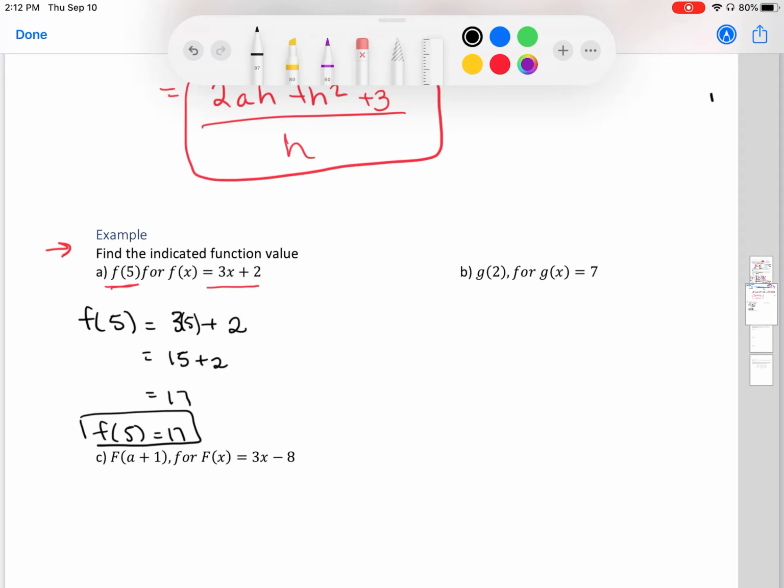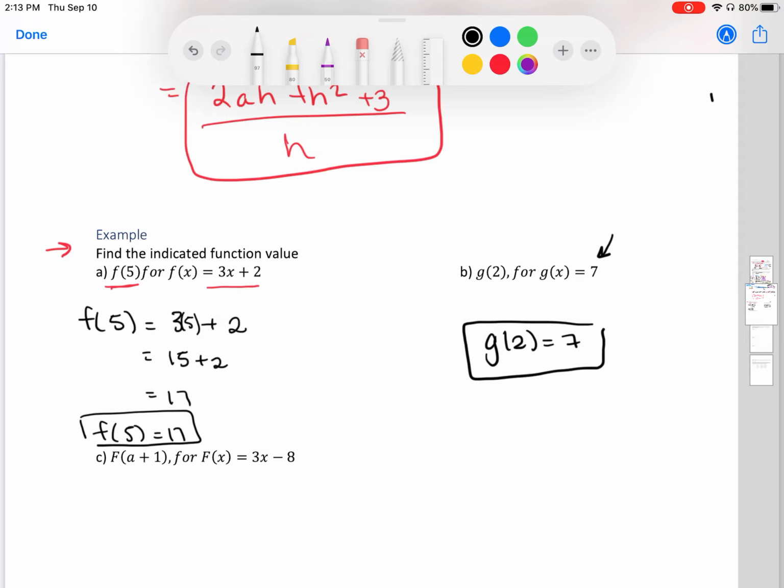Next one. G of 2, for g of x is equal to 7. For this one, there isn't much for us to do. It's just telling us the answer of each outcome. So it's saying our answer is always 7. So g of 2 is equal to 7.